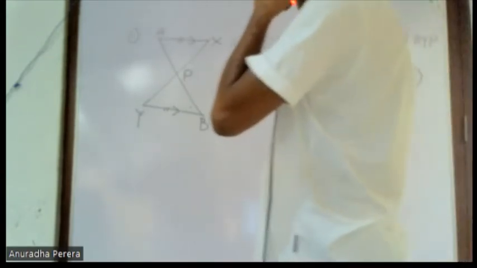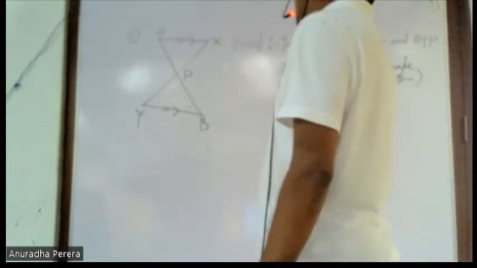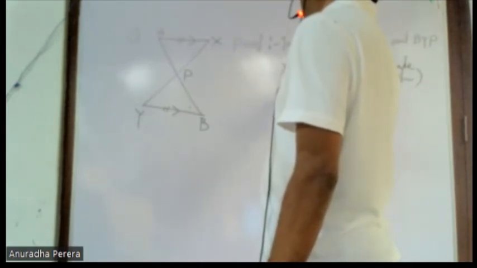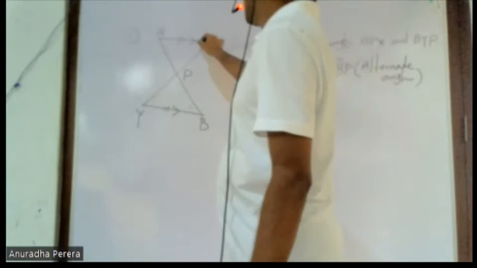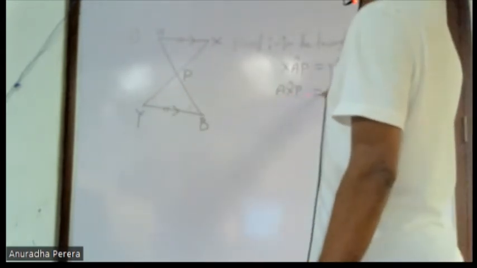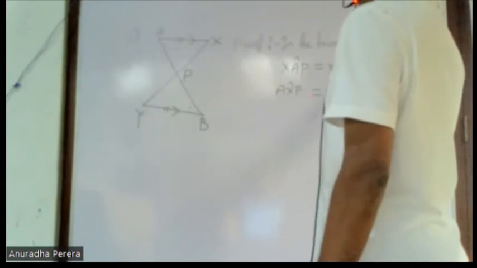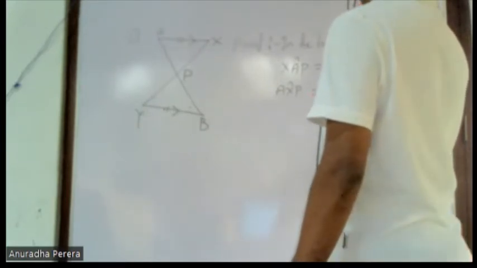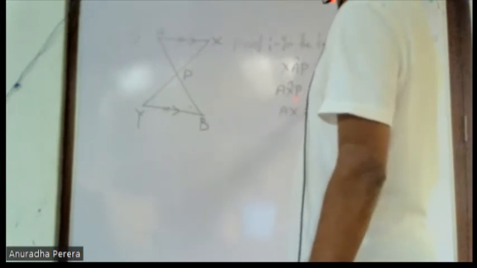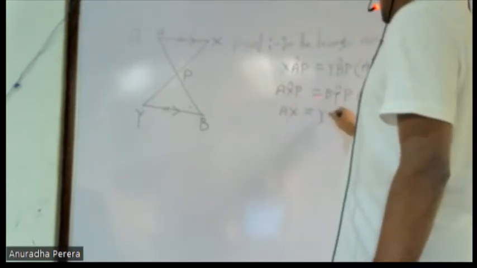Right? XAP, then AXP, yes, AXP equals BYP is also alternate angles, and AX equals YB is given.